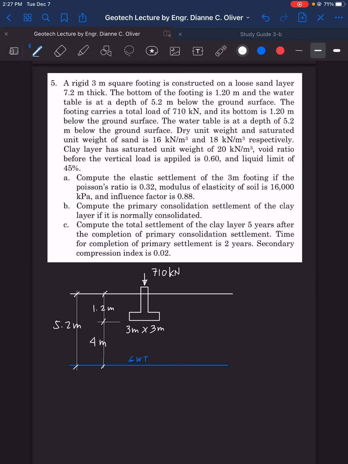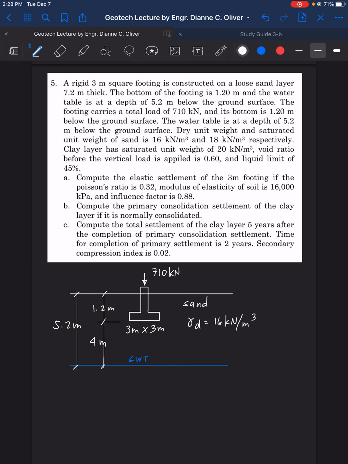It was repeated. Dry unit weight and saturated unit weight of sand is 16 kilonewton per cubic meter. So the dry unit weight of sand, gamma D, is 16 kilonewton per cubic meter.